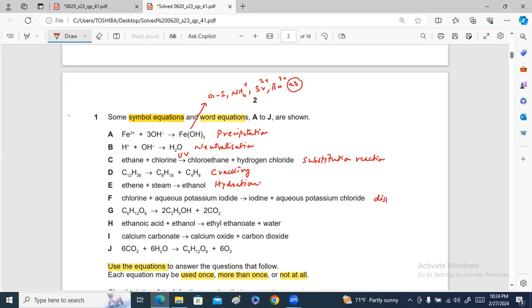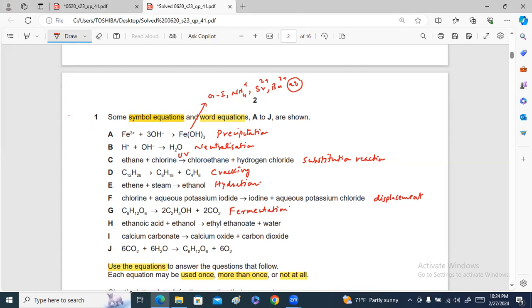This is a displacement reaction, or the reaction of halogens, in which the more reactive halogen displaces the less reactive. Glucose is decomposed to make ethanol and carbon dioxide. So this is fermentation. This is the second method which is used to make alcohol at industrial level.